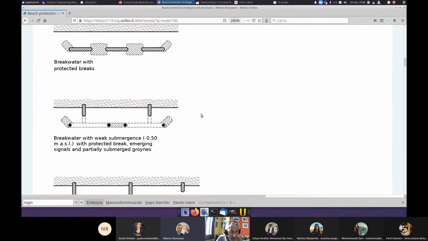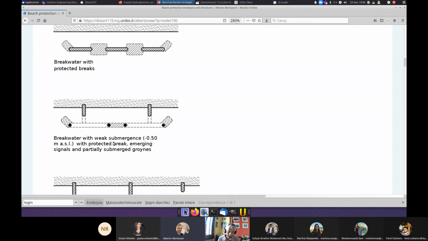Now, the next one is given by a combination of breakwaters with weak submergence. We define weak submergence as submergence of about half a meter, with protected breaks, and partially submerged groins.